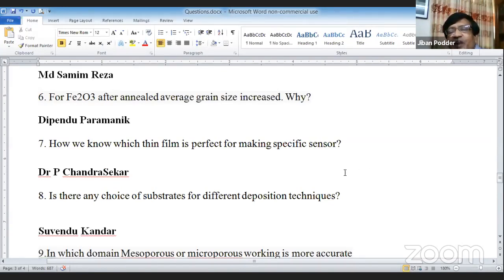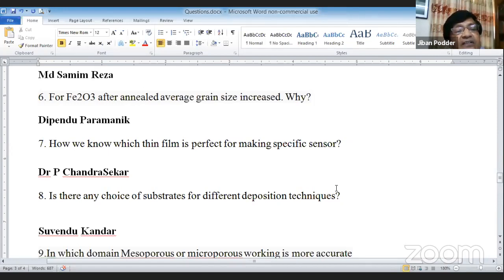If you have a high temperature, there are many more collisions, and in the presence of other impurities the grains can expand. But normally at low temperature and with a slow process, we can tune it and produce a compact film. At a high temperature, after annealing, the grain size is increased.